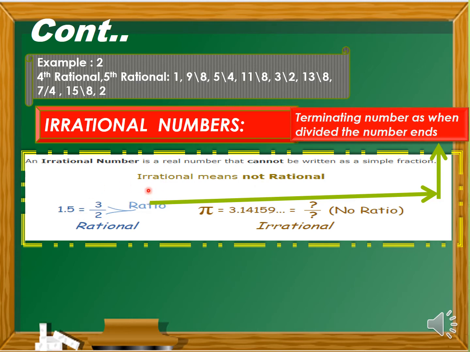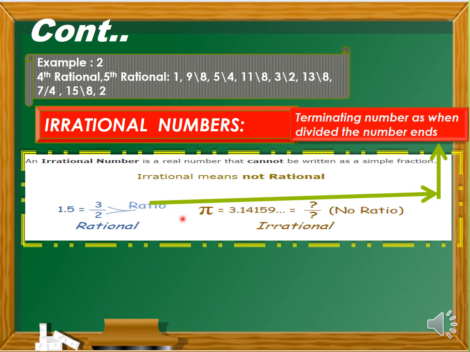So irrational is completely different from rational, and in some cases these can also be converted into rational. So here 1.5 can be converted into the ratio 3 by 2. So here 1.5 is an irrational number and 3 by 2 is a rational number.